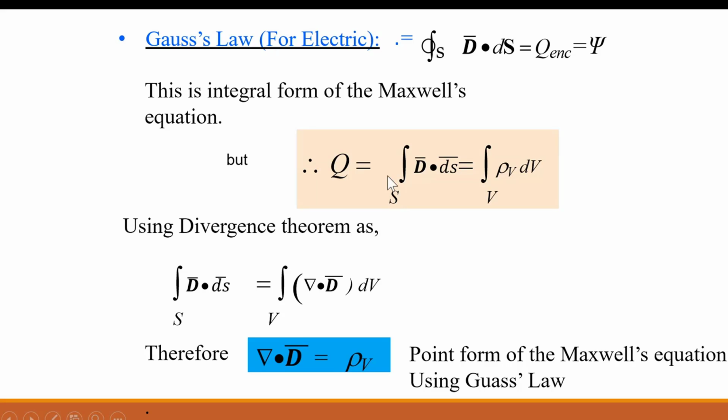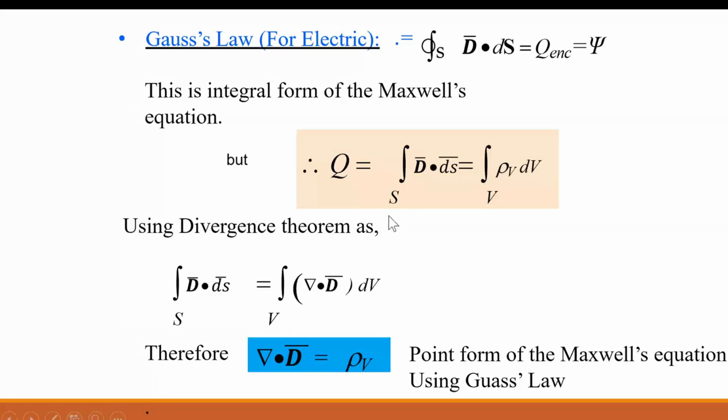So Q is equal to the closed surface integration of d ds bar, and that is equal to the volume integration of rho v dv. What is rho v? Rho v is volume charge density, right? So these are integral forms of Gauss law. Now we are going to reduce it to the point form, the shortest form, right? So we can use the divergence theorem.